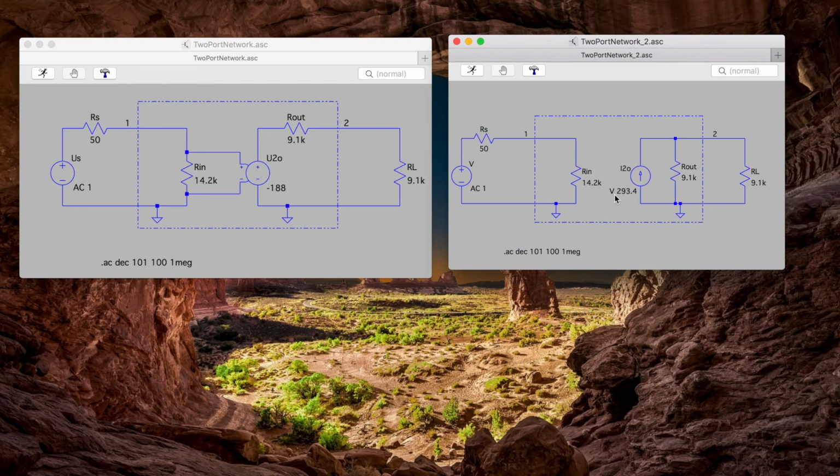Here we have V because the current that we consider is the current in the voltage source V. And here, the current gain we've calculated, but notice that there is no minus because the current in the voltage source is equal to minus the current in the resistor R in, so minus I1.